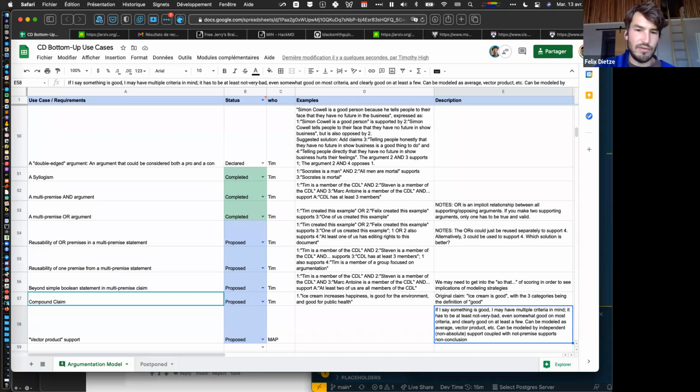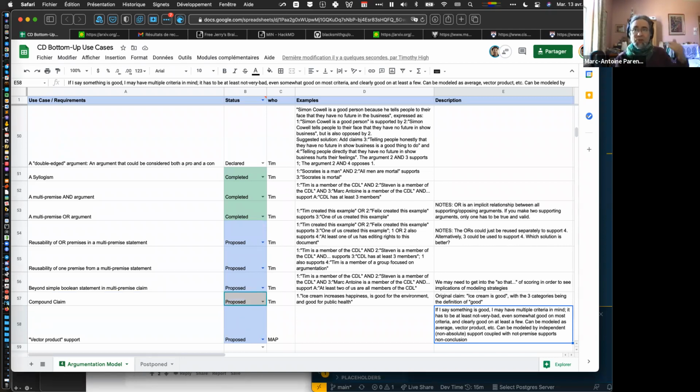I mean, 57 is handled by putting it into one sentence. But if you want to reuse one of these atomic parts, then it becomes interesting, right? And you have to support that. Yeah. We have to be able to say that this compound claim is equivalent to the conjunction of those atomic claims. That is not something we have in the model yet. This claim is equivalent to the conjunction of these three claims.